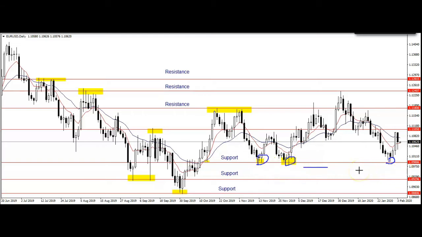Price has been bouncing off this recent support of 1.09886 or thereabouts. So this is a significant support area. Of course, we then have support here at around the 1.09296, and then the recent low of 1.08806 or thereabouts. So these 3 support areas are significant, as are the resistance.